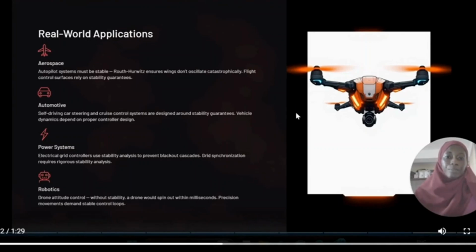We also have it in robotics. We have its application where drone altitude control runs on the principle of stability. So if these drones are unstable, they flip and crash within seconds of takeoff, and that's something we really don't want. We also have it in automotive systems. An example is self-driving vehicles.